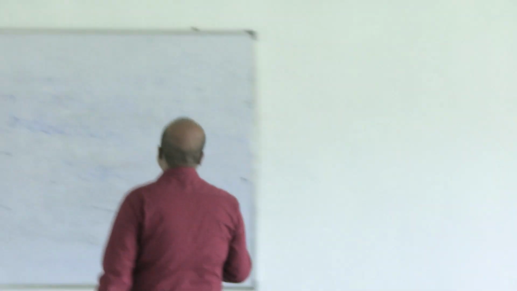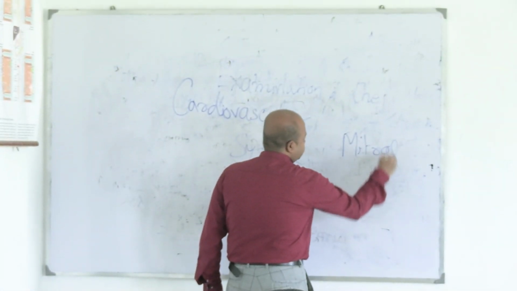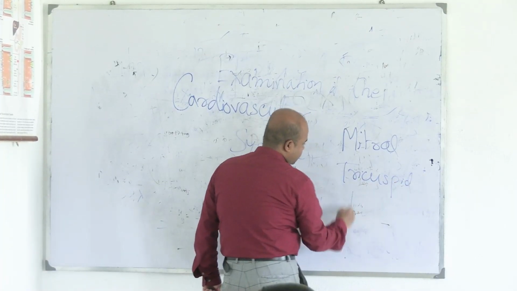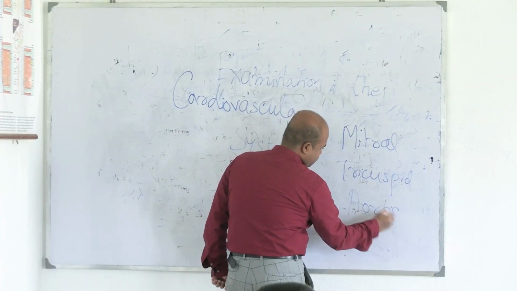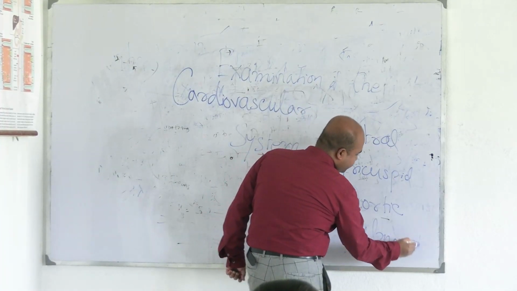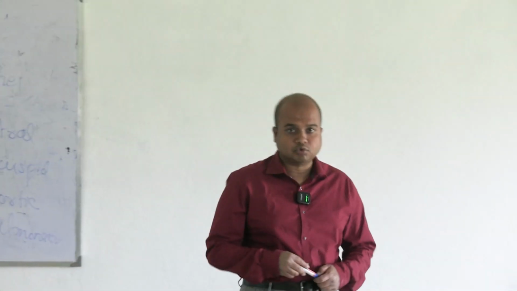Okay. Likewise, here there are 4 areas, just nothing to write actually: mitral, tricuspid, aortic, and pulmonary. Now, as in the respiratory system we note breath sounds with the stethoscope by auscultation, here we note the heart sounds.